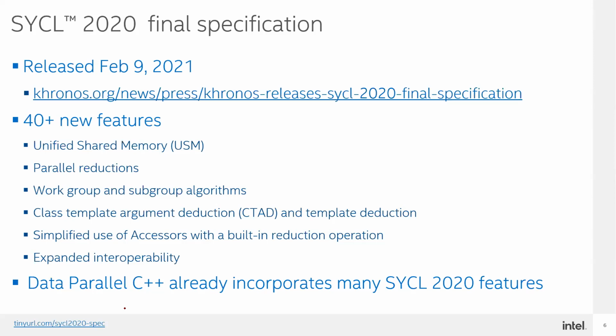The difference is not only in the sense of additional features which you are getting, like unified shared memory, subgroups, reductions, and so on. But there are also some features removed or replaced with something new in SYCL 2020. For instance, host selectors and host devices are changed significantly and reworked.